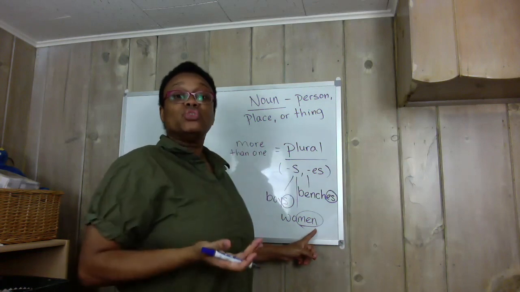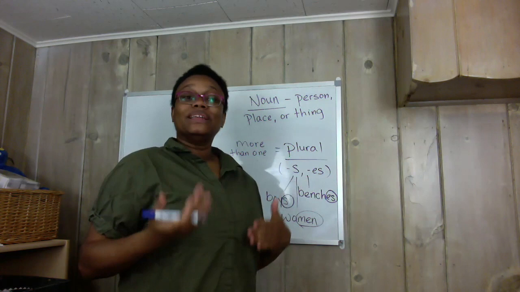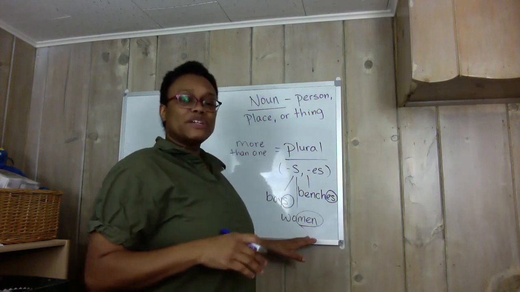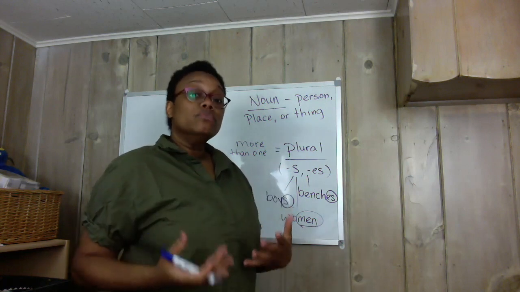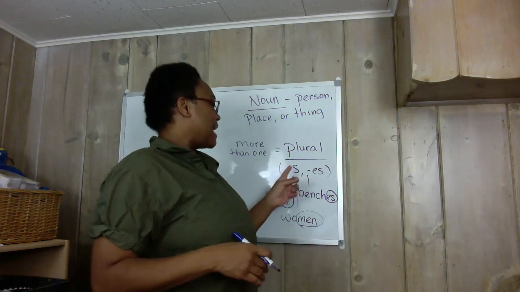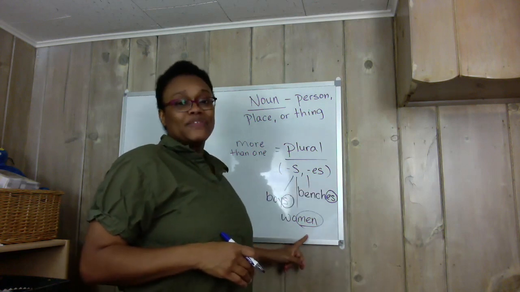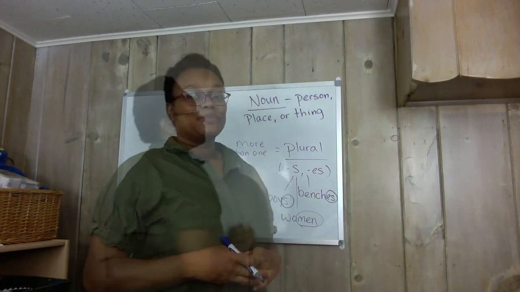The A changed to an E. It does not follow the rule of adding an S or an ES. So this falls into a special category of plural nouns. Again, if you want to learn more about how to write plural nouns and whether you add an S, an ES, or if it changes completely, check out the video on plural nouns.